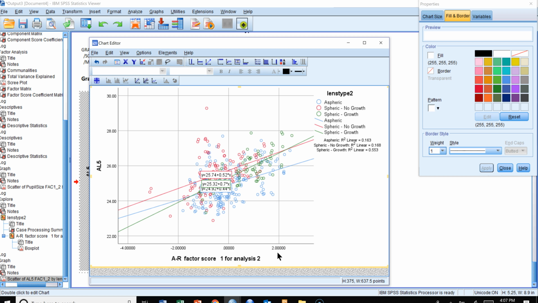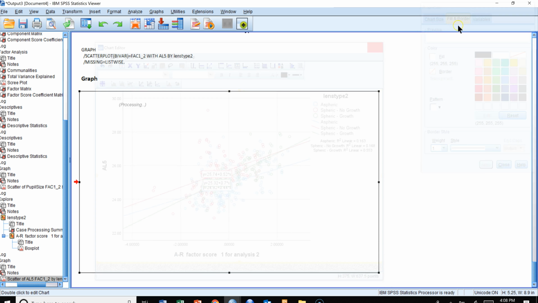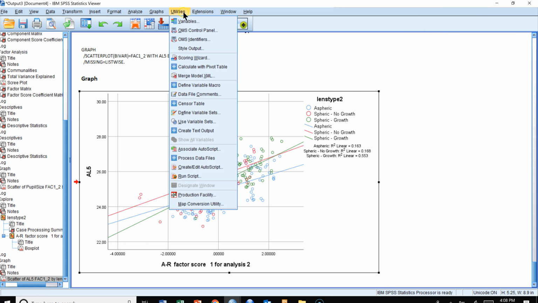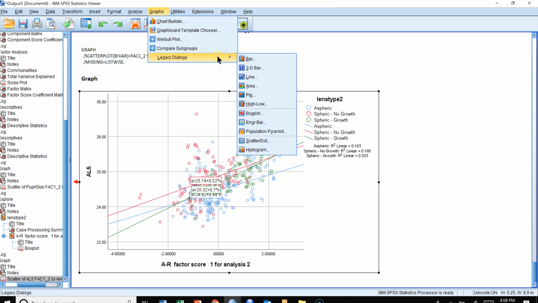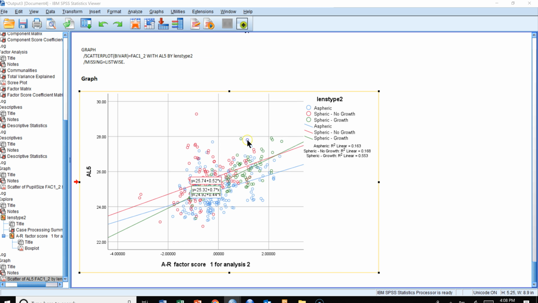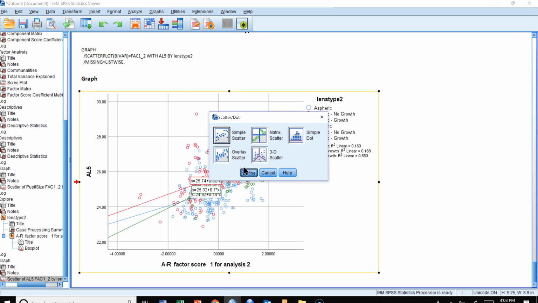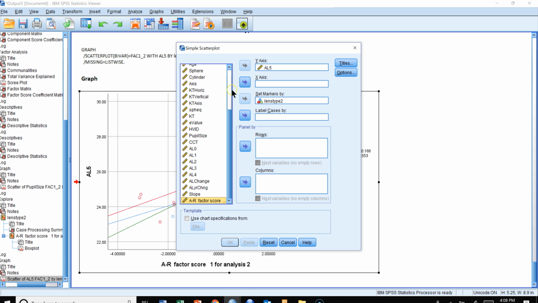Now, one of the things we are a little bit concerned about is that, let's do a scatter plot and look at baseline axial length.